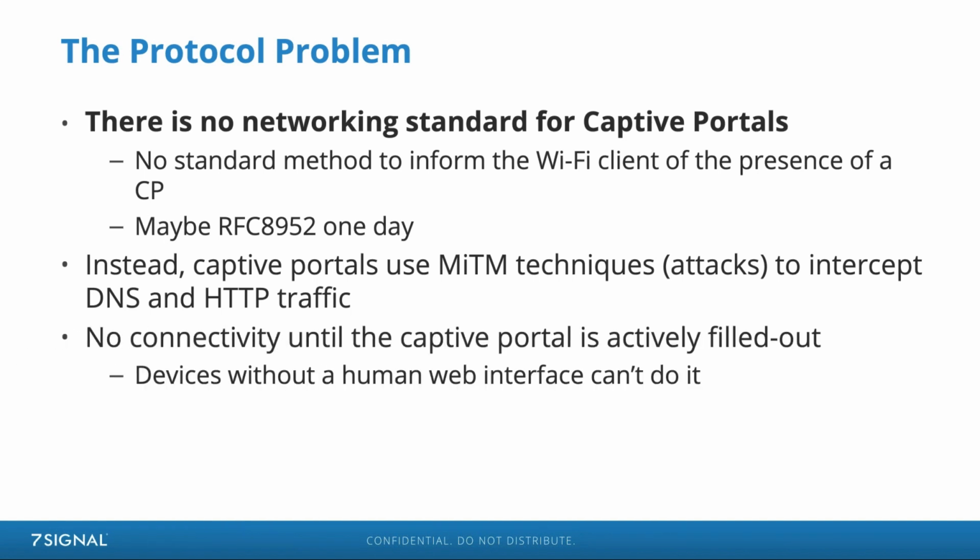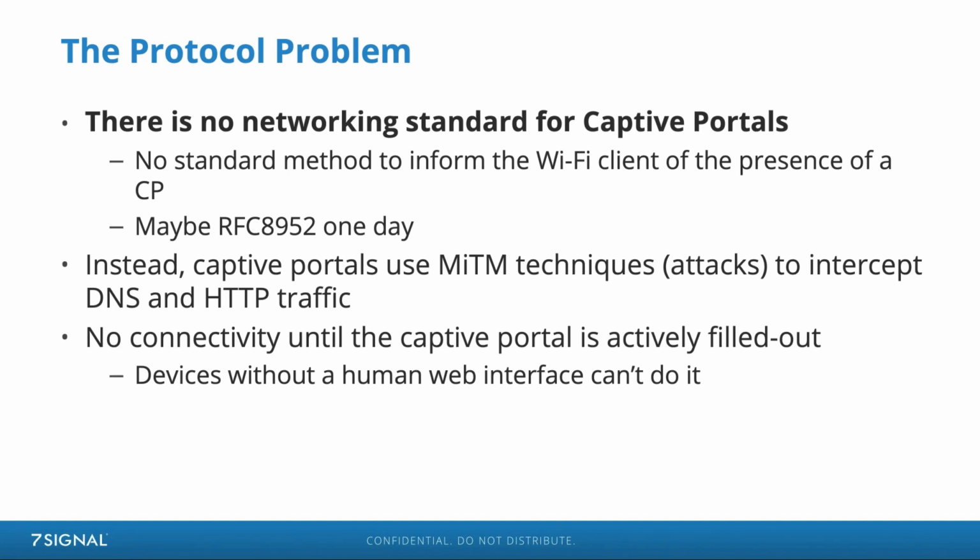That's very problematic for a number of reasons. Even when it works, it doesn't work for devices that don't have a human web interface. So right away, there's a huge amount of devices that can't use this Wi-Fi network because there's no browser to click through the captive portal. But it also breaks connectivity.